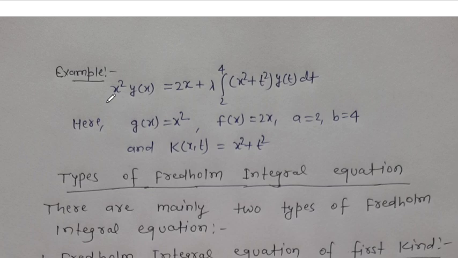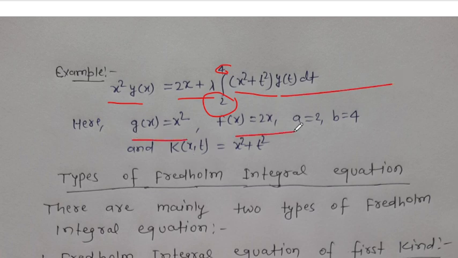Example: x square y(x) equal to 2x plus lambda integral from 2 to 4. See here, the limits are constants and the rest is the same. Here g(x) is equal to x square, f(x) is 2x, a is equal to 2, b is equal to 4, and the kernel of this integral equation is x square plus t square.